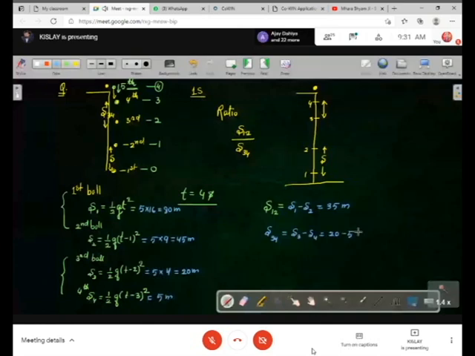And the ratio is 35 upon 15, and this will be what? 7 upon 3. Ratio is 7:3. I hope this is clear.